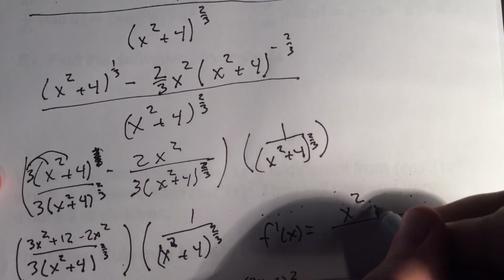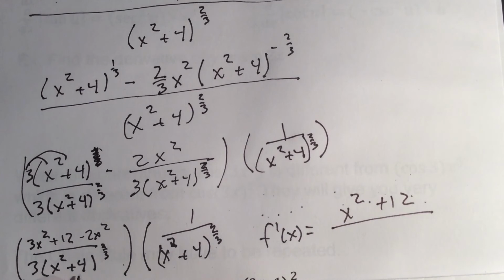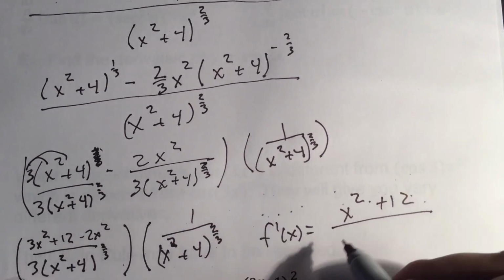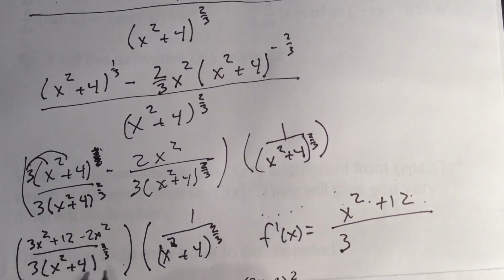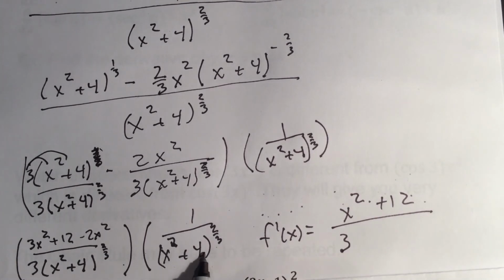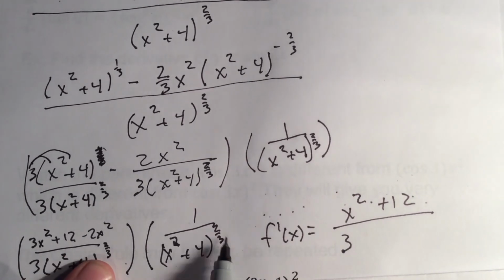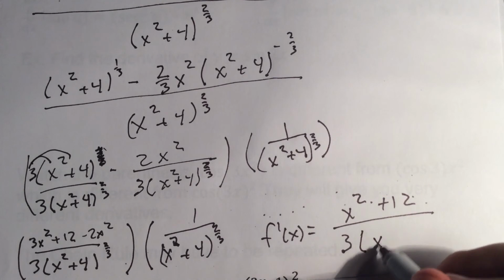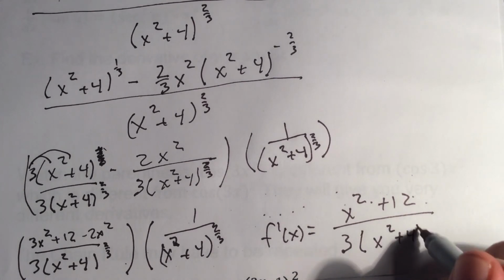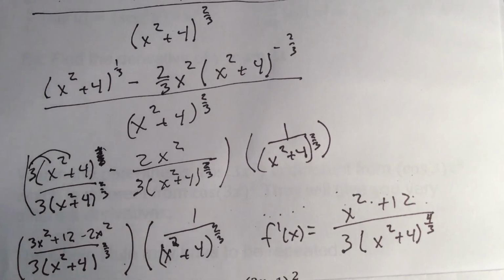And then 12 has nothing, so plus 12. On the bottom, when we multiply these, we'd still have our 3, but now x squared plus 4 to the 2/3 and x squared plus 4 to the 2/3. Same base, so when we multiply, we add the exponents. This will become x squared plus 4 to the 4/3. And that's going to be as far as we could take this one.